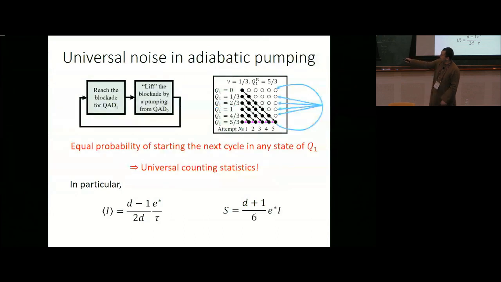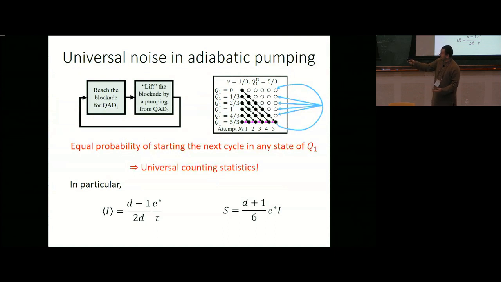Why? Because in my elementary cycle, I do 5 pumpings from dot 1, I pump some amount of quasi-particles, then I do this blockade lifting, and then I pump again. And after the blockade lifting, I can be here, here, here, or here, with equal probabilities that depend on nothing but the filling factor, or if you wish, nothing but the topological degeneracy of parafermions.